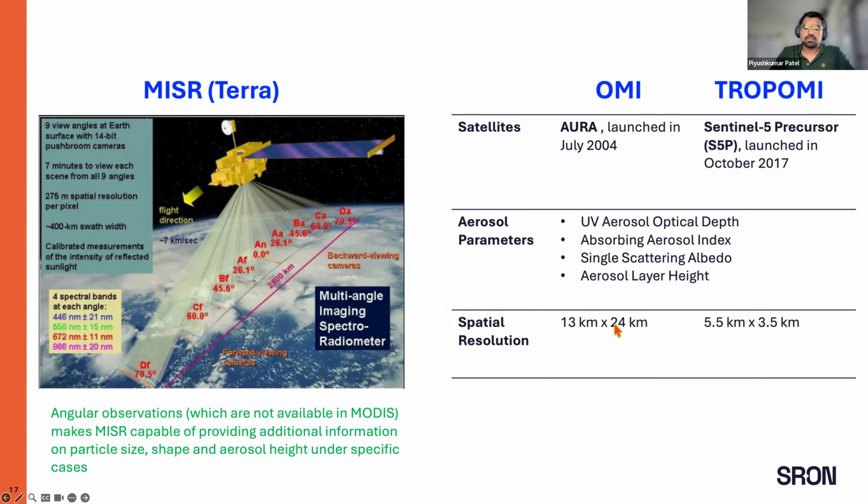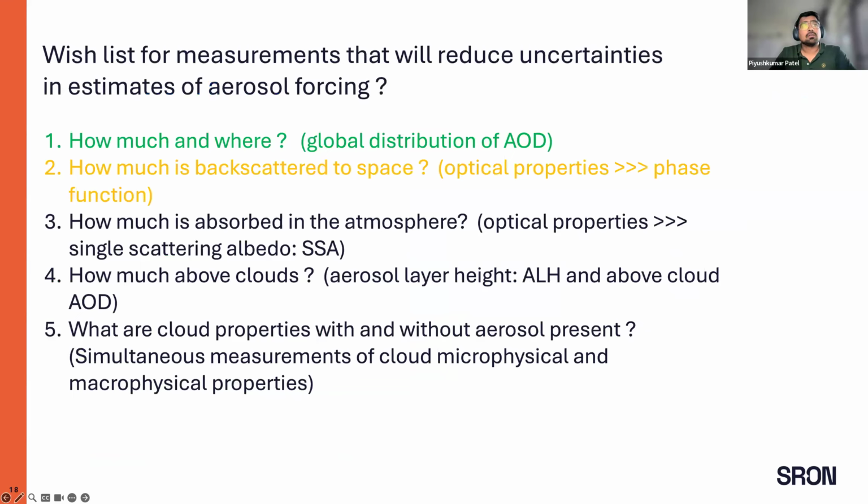But they are still coarse. OMI in particular is coarse inside; the spatial resolution is very coarse compared to TROPOMI. Now, all these are past instruments, though MISR is still working. These instruments have given us information on our wish list, how much and where the aerosols are in terms of global distribution.